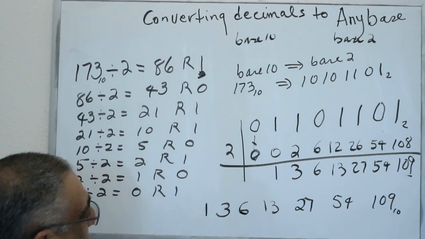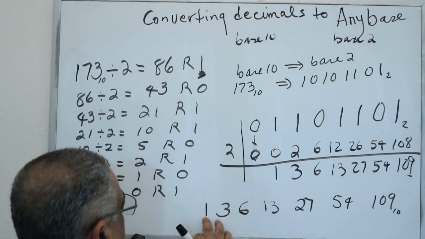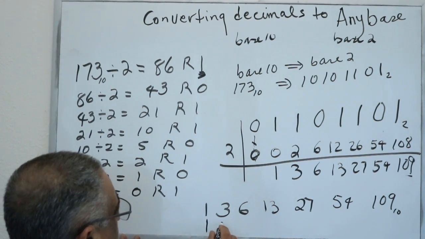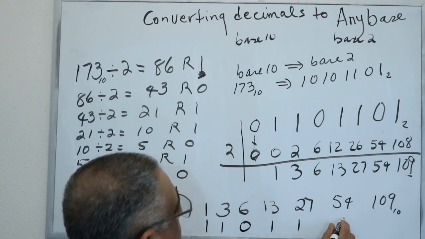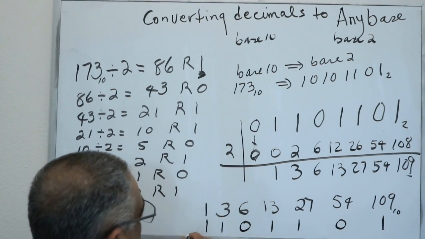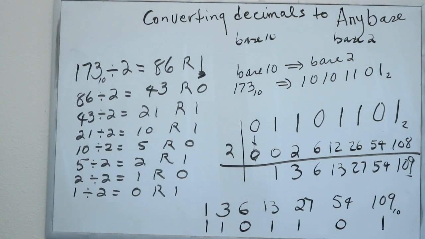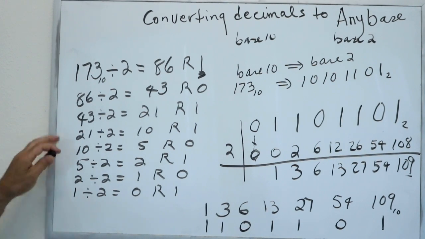If we look at the odd numbers, 3 by 2 is 1, and so this number is 1, 1, 0, 1, 1, 0, 1. See? That's equivalent to that. All I did was show you how to convert from base 10 to base 2. This can be done for any base.